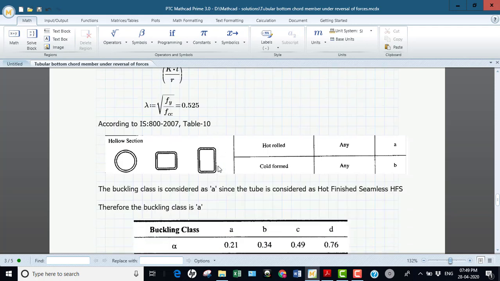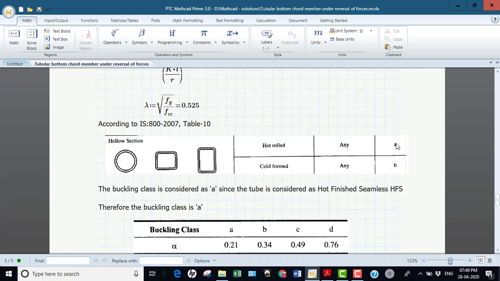Then you have to know the buckling class of your particular tube section. According to IS 800 2007 Table number 10, for hollow circular or non-circular sections, for hot rolled and cold formed cases, this is classified as A or B. Here in this problem, I consider the tube to be a hot rolled section.